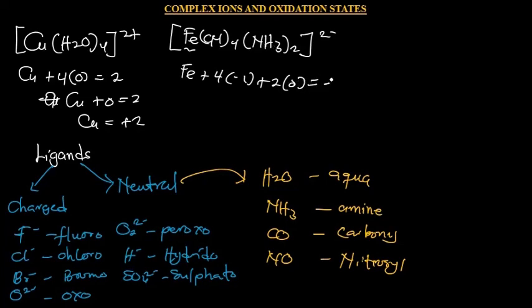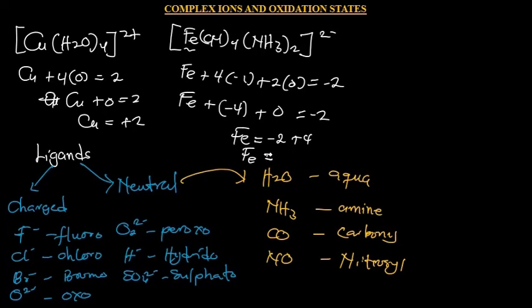All equals minus 2, the charge on the complex. So Fe plus minus 4 plus 0 equals minus 2. Taking the minus 4 to the other side, it becomes minus 2 plus 4. So iron has an oxidation state of plus 2.